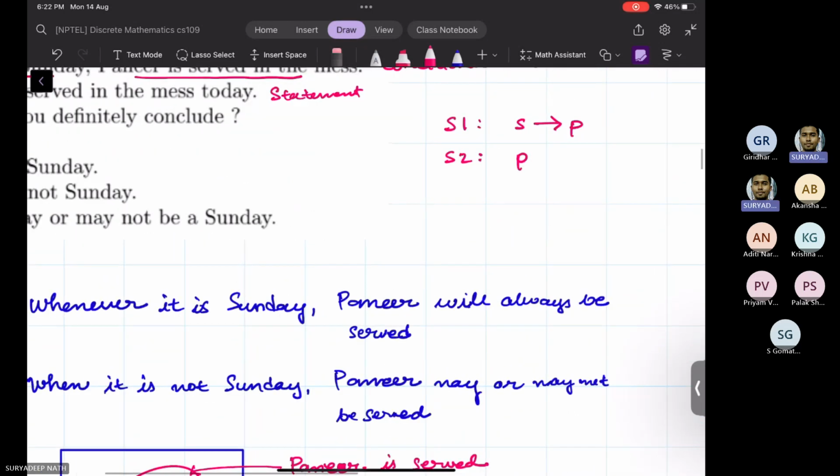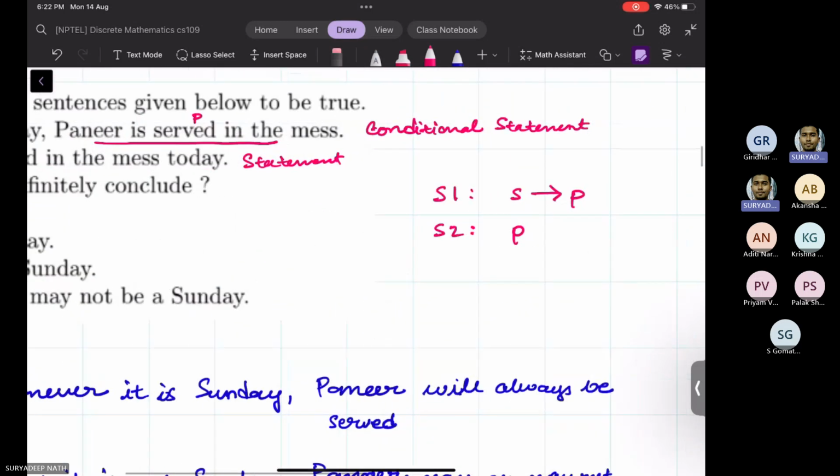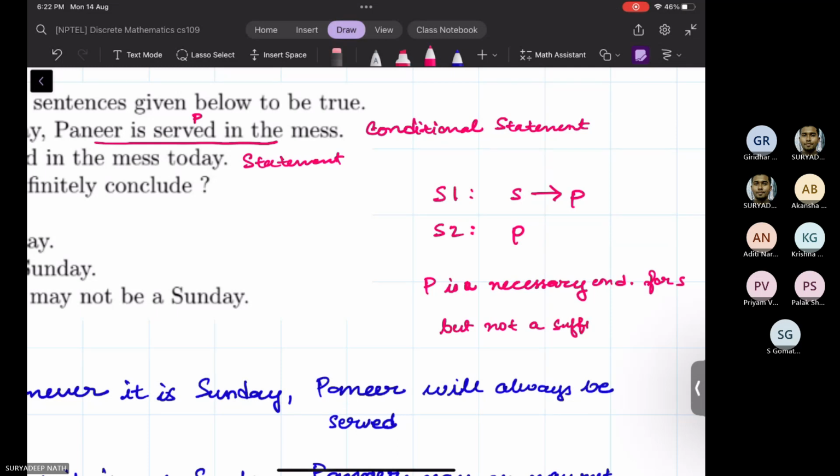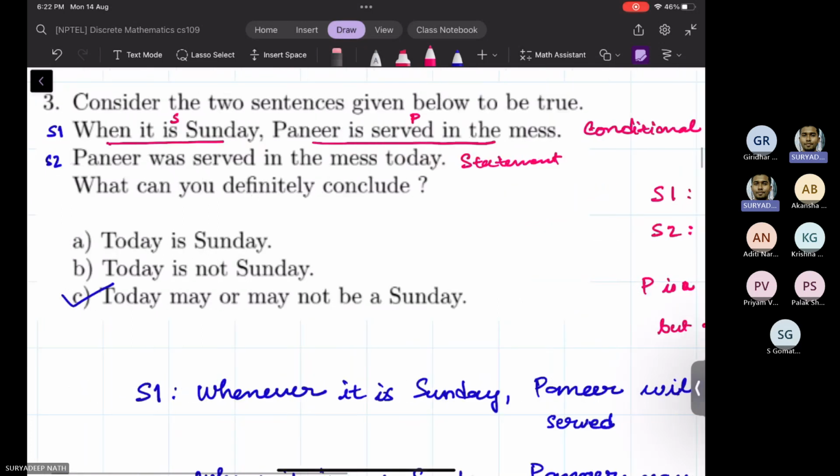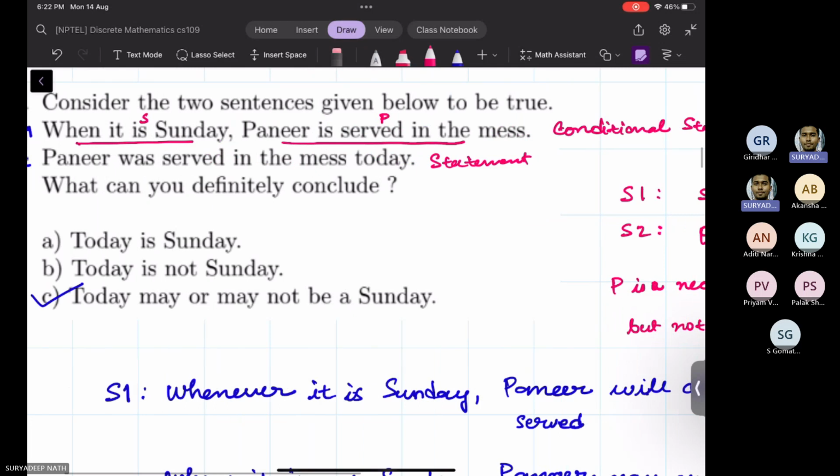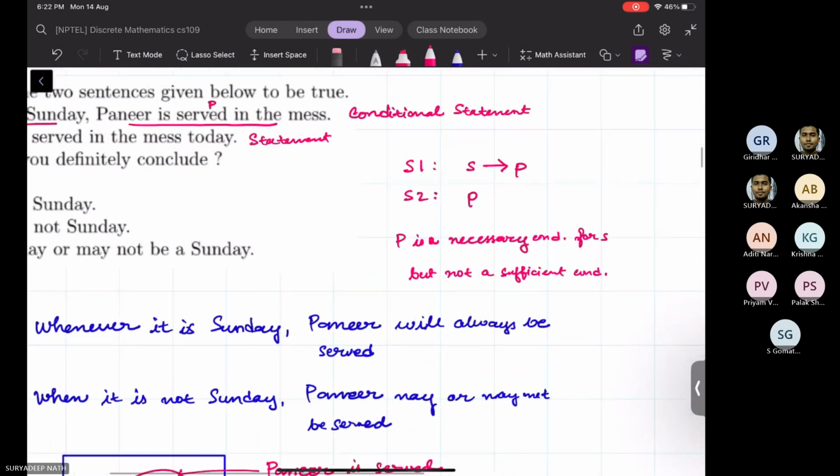So you can think of it like this, that P is a necessary condition for S, but not a sufficient one. So S may or may not be true. Therefore, option C, it may or may not be a Sunday. Right.